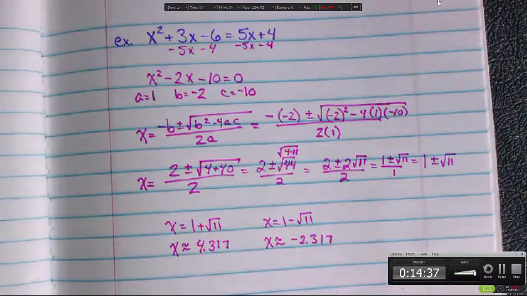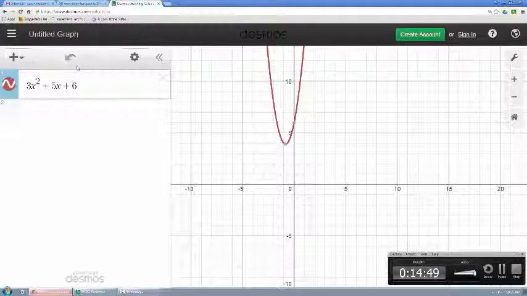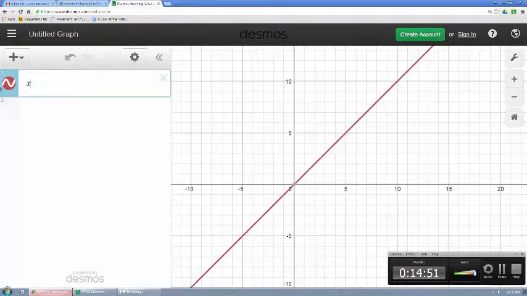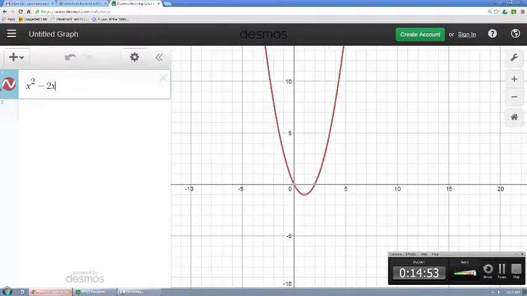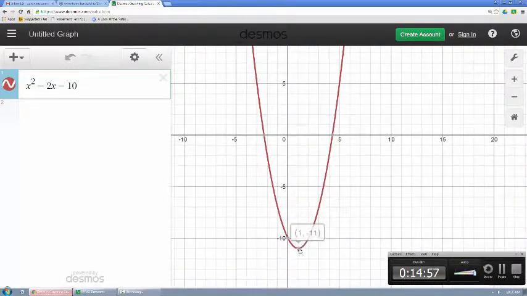Prove it? Desmond. Prove it. So, if we type in x squared minus 2x minus 10, it's a parabola that opens up. Here's the vertex. We can find that using the vertex formula.